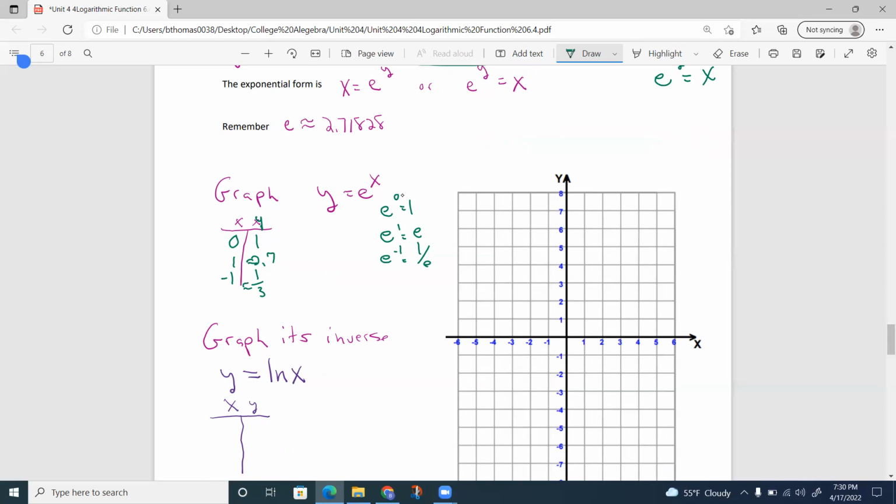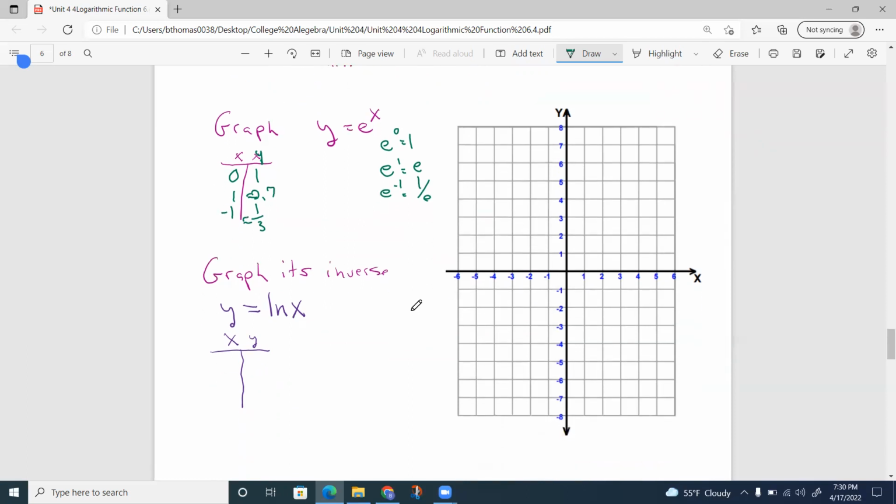So in graphing this, I can graph the inverse by switching the rows of the x and y. So I have this 1, 0, I would have then e, 1, and I would have like this 1 over e, negative 1. In other words, 2.7 here and 1/3 here would be the values. So notice how, again, to graph the inverse, the rows of x and y switch.